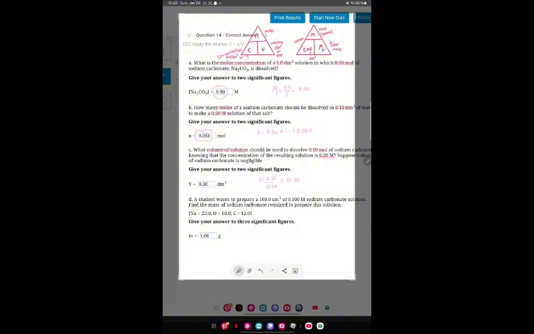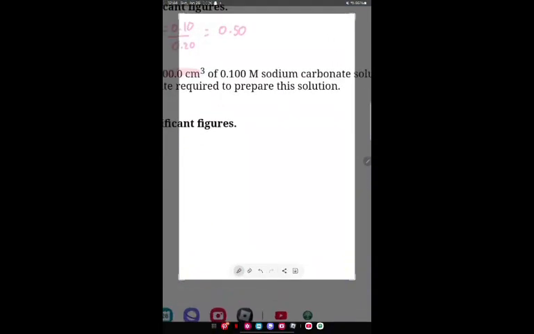It says a student wants to prepare. Okay, here it says 100 centimeters cubed. We usually want volume in decimeters cubed. So to do it, wait, sorry. Yeah, so from decimeters cubed to centimeters cubed, you're going to multiply by 1,000.